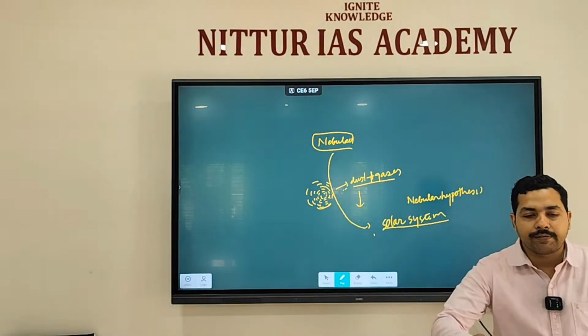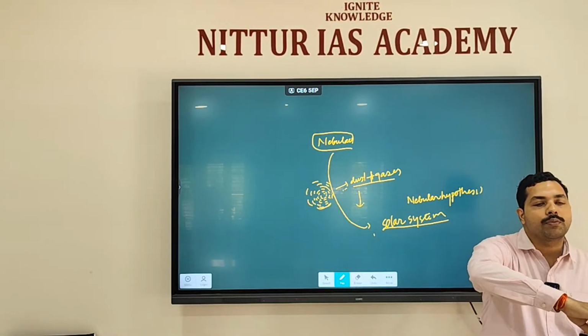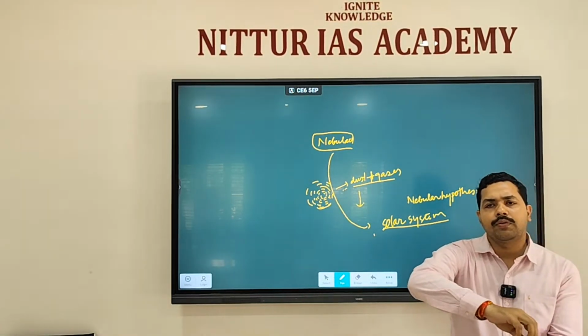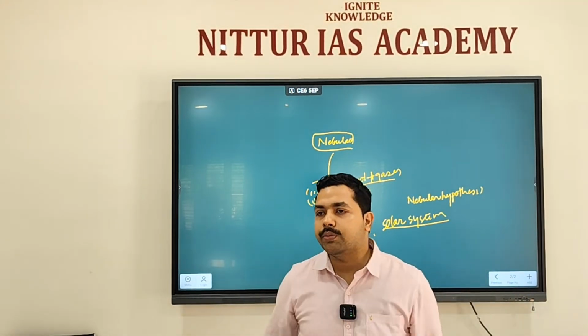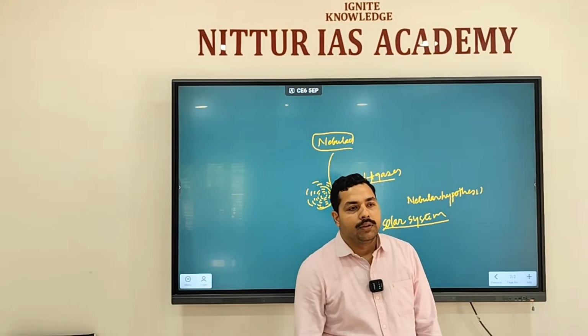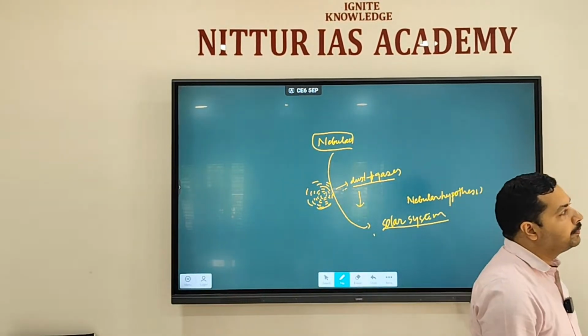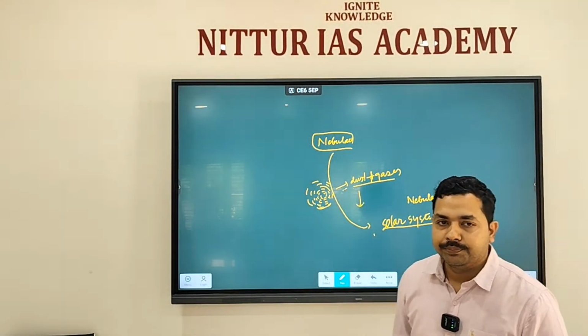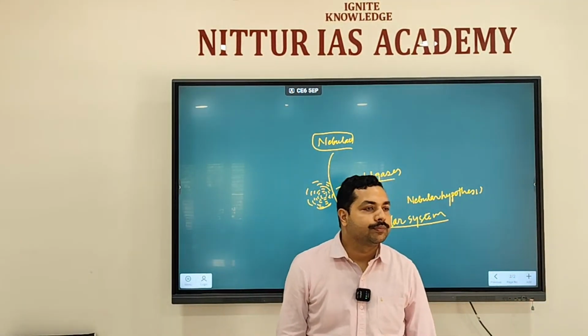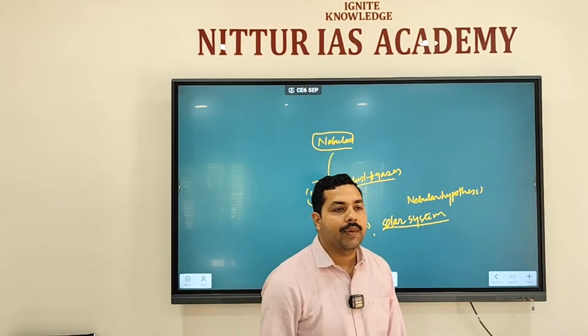Like, let's say if I try to rotate this, then what will happen? It will move, but after a certain point of time, it will stop. Why will it stop? Due to gravity. Any other reason? The force or the air. Any other reason?